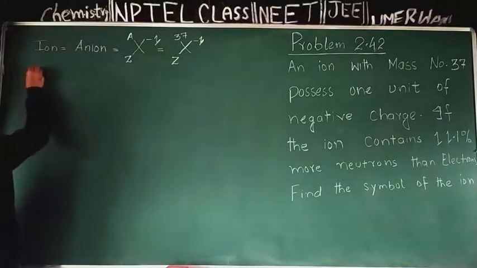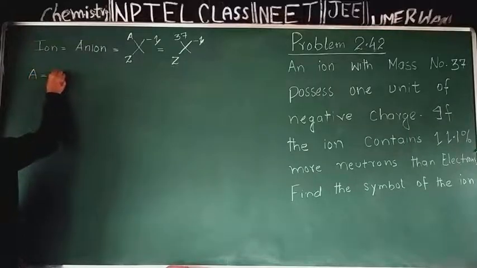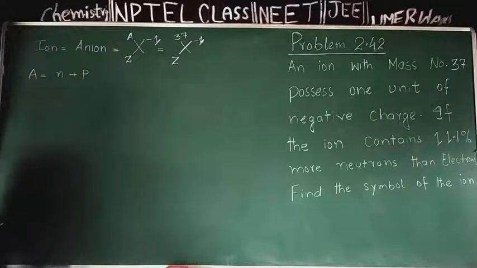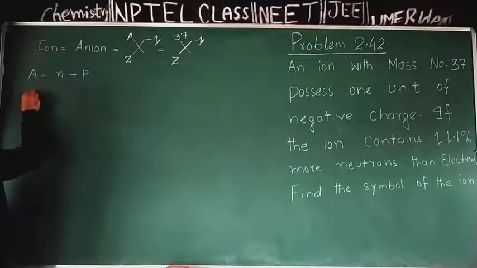Now we know the mass number A. Mass number A is equal to number of neutrons plus number of protons. From here, the number of neutrons I will calculate.